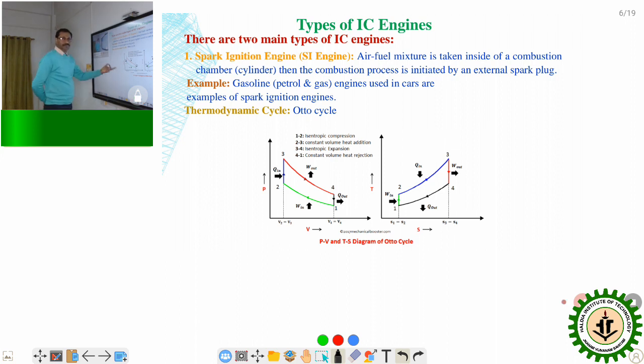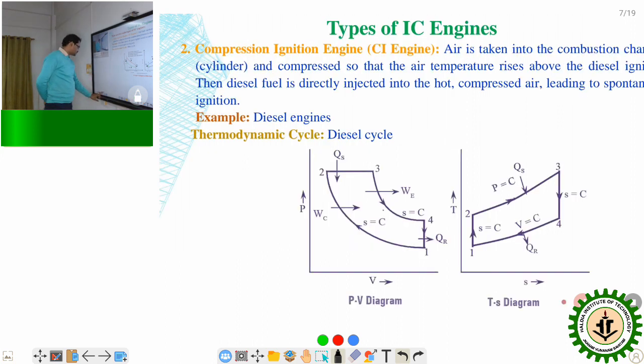Now I am going to the diesel engine, another type of engine, the compression ignition engine. Already I have told you that in the case of diesel, only a spark is not sufficient. So in a diesel engine, sparking is avoided.